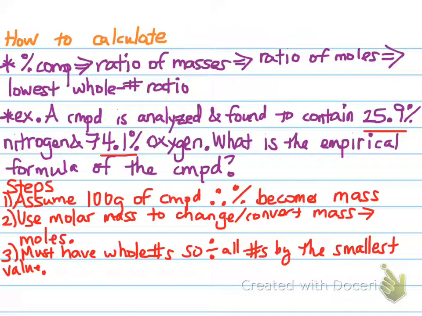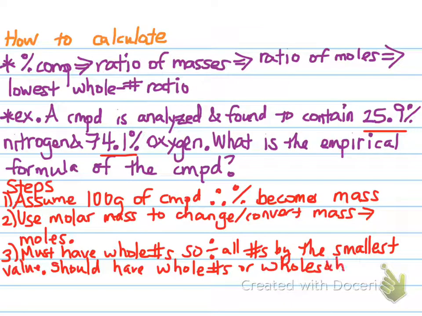And at that point, with the problems I'm going to give you, after you do that, you should have whole numbers or wholes and halves. If you don't, then you should check your math. This in parentheses is after you do this calculation. You should either have whole numbers or wholes and halves.